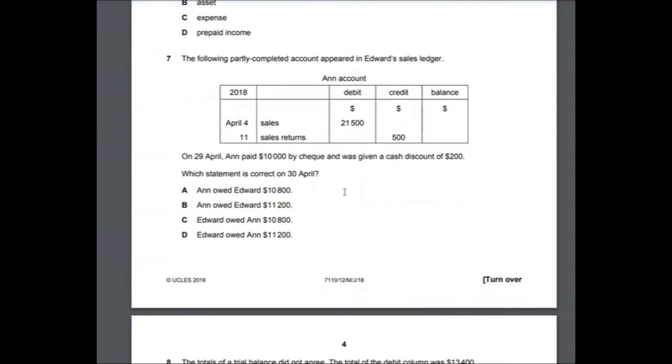Anne bought $21,500 of goods. She returned $500 of goods to Edward. So 21,500 minus 500 gives you $21,000, out of which Anne paid $10,000. So the remaining is $11,000.